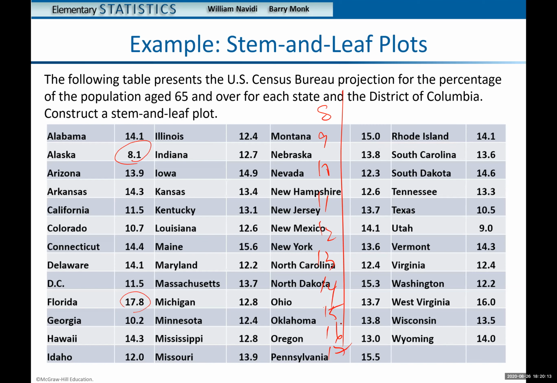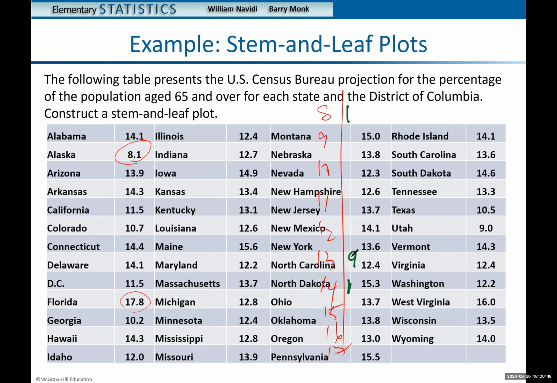And then for the rest, you're going to tally all the leaves of each state. So let's say this one, 14.1. You look for 14 and then write 1 here. Next, 8.1. The leaf is 1, so write 1 here. Next, 13.9. Look for 13, and the number is 9, so write 9.